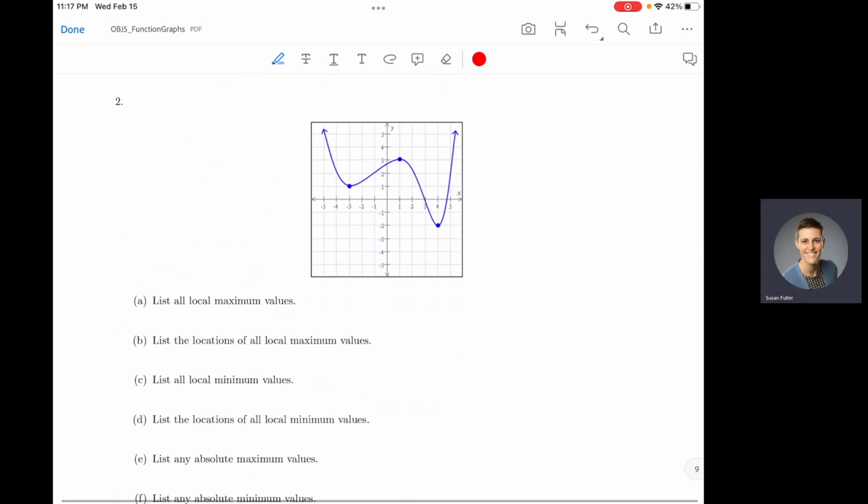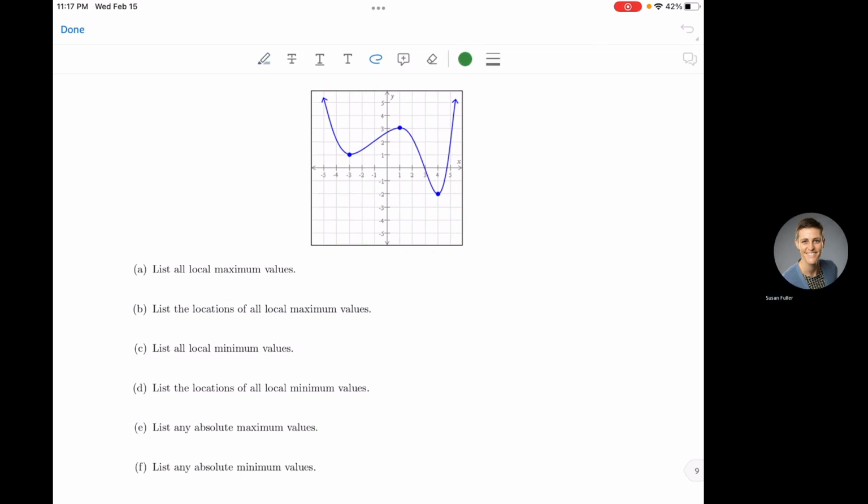All right, let's do one last one here. We want to list all local maximum values. So we're going to list the y values of all of our local maximums. So the tops of all of our hills is just this one. So the y value of that point is 3.